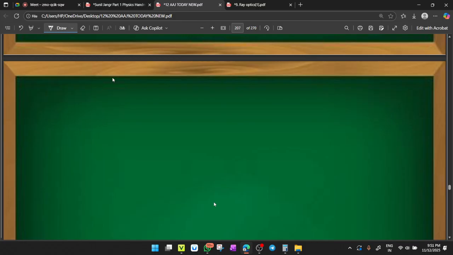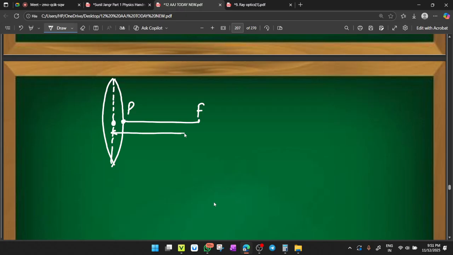Like there is a distance we have measured from here, P to F. Clear or not clear? As the aperture is very small, this distance is considered as O to F. There is no difference between O and P. Okay, so consider PF is about OF. Understood?